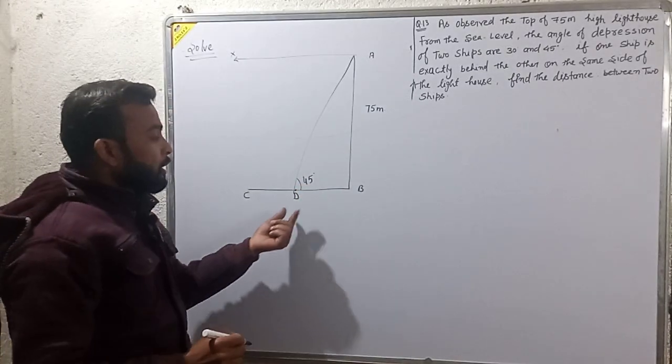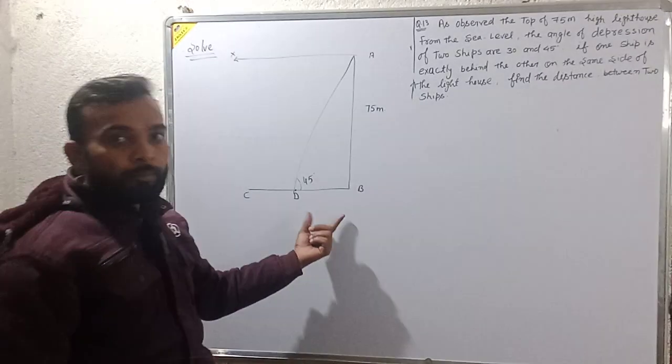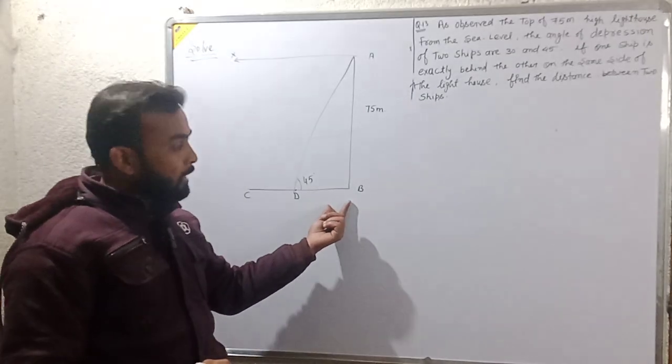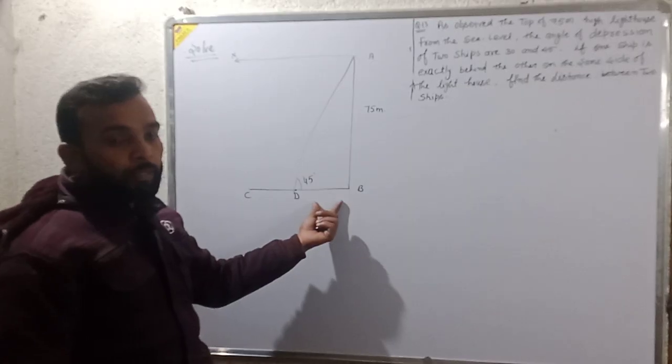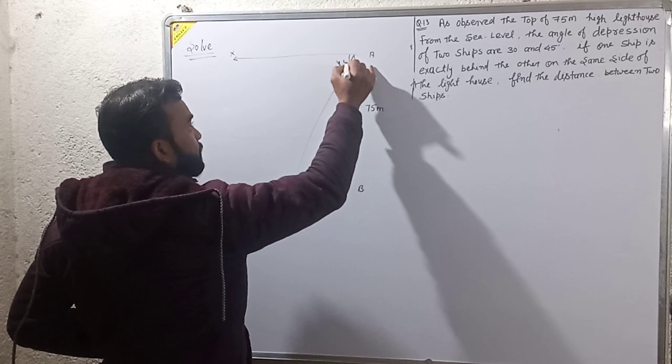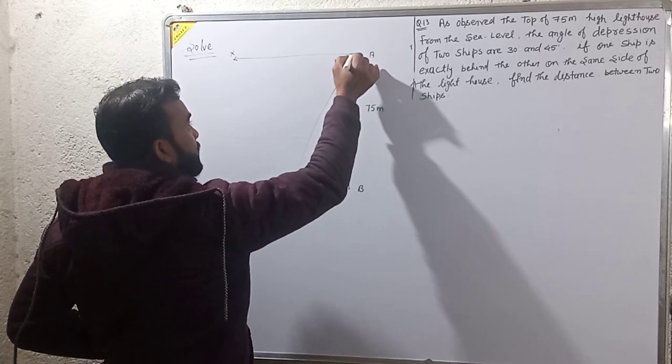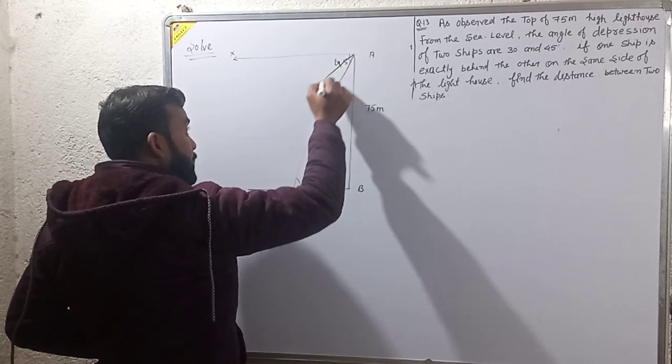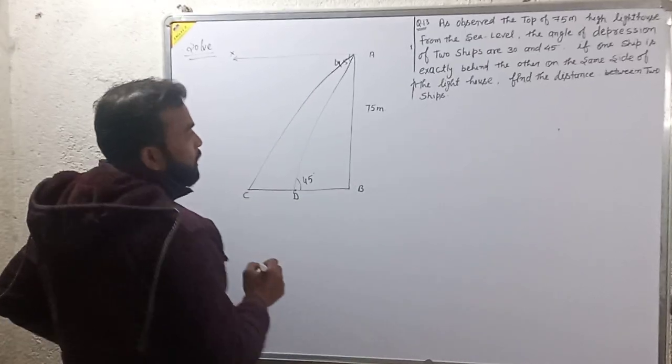Because when an object is nearer to the bottom of a tower or lighthouse, the angle increases, and this is the depression angle between the top of the lighthouse and the other ship.